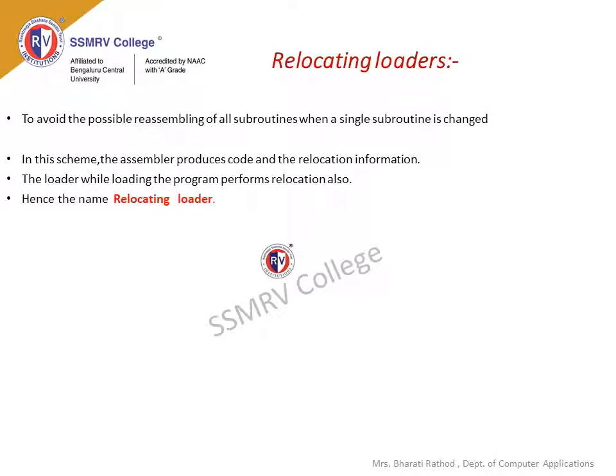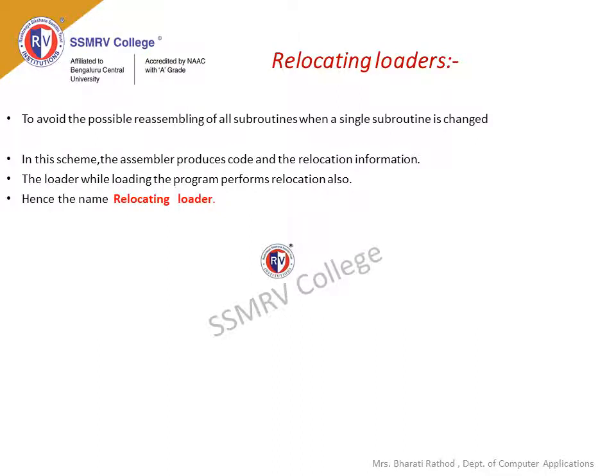Hence, the name relocating loader. Relocating loaders are the loaders that perform four tasks, that is, allocation, linking, relocating and loading. As the tasks of allocation and linking are performed by the loader for the programmer, there is no need to reassemble all the subroutines when a single subroutine is changed.